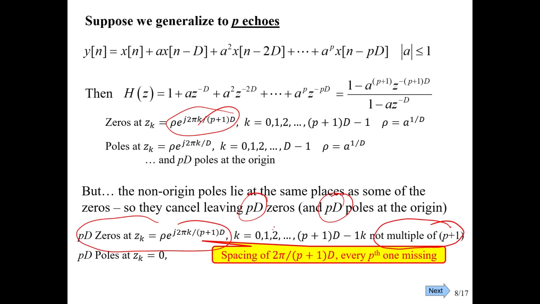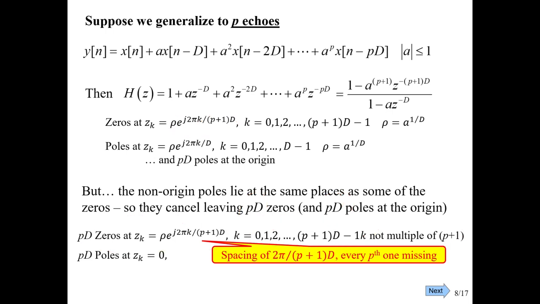So k goes through all these numbers, but anytime it's an integer that's a multiple of P plus 1, we leave it out. And then here we have the PD poles at the origin. And so here is the idea of the spacing, except every Pth one is missing.